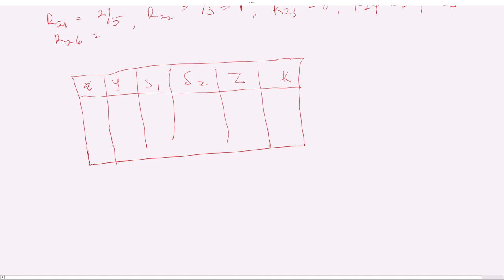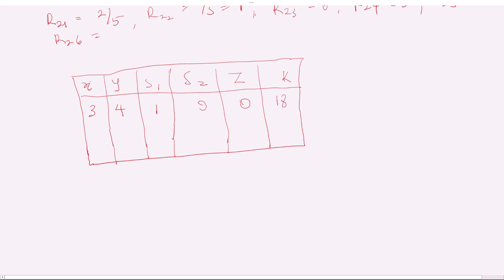So the first row is still as it is, which is going to be 3, 4, 1, 0, 0, and the k is still 18.